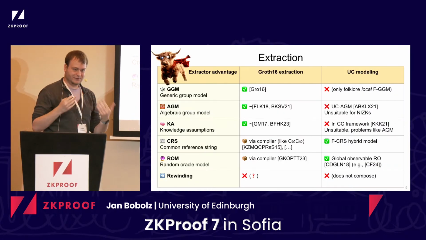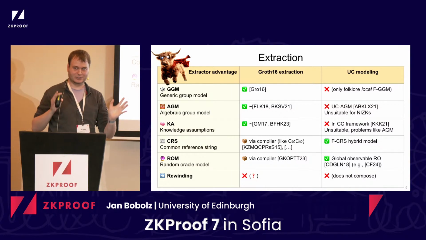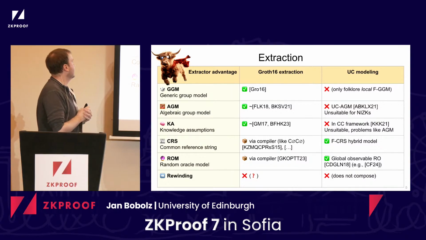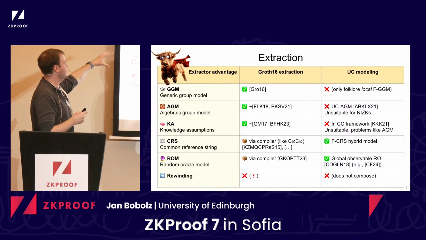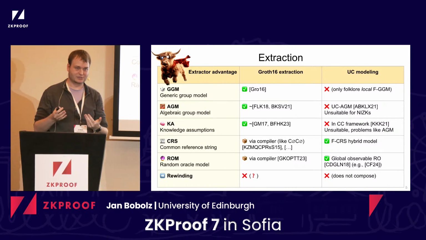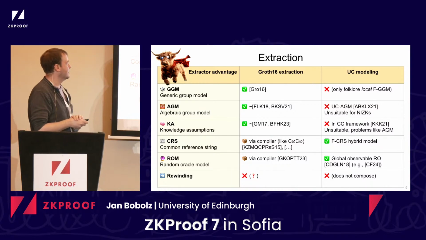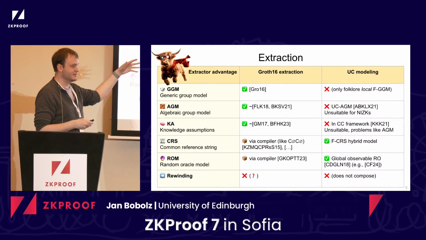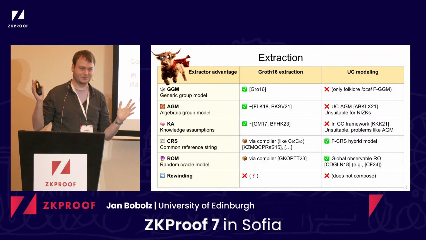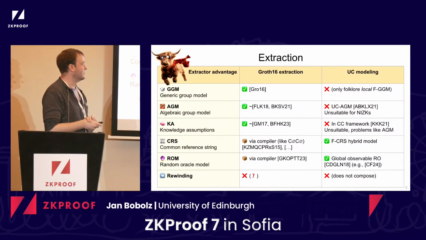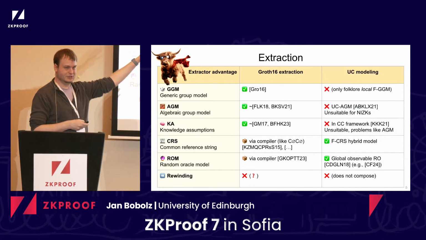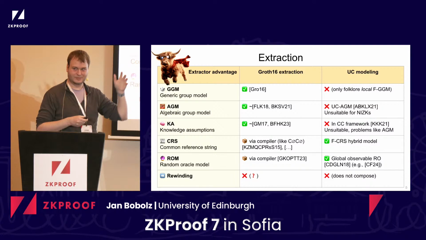So if we want to extract from Groth16, what are our choices? We can take one of the first three strategies. So we can do a proof in the generic group model, algebraic group model, or under knowledge assumptions. The nice thing about this is we know how to prove Groth16 secure in these settings. The not so nice thing is that we don't really have good models for making these things work universally composable.